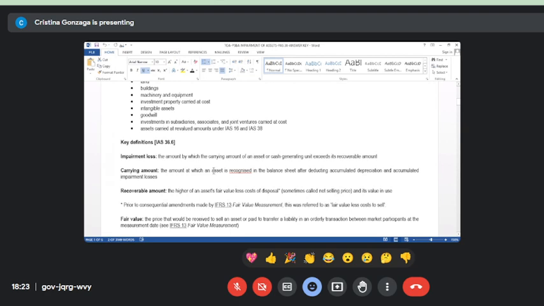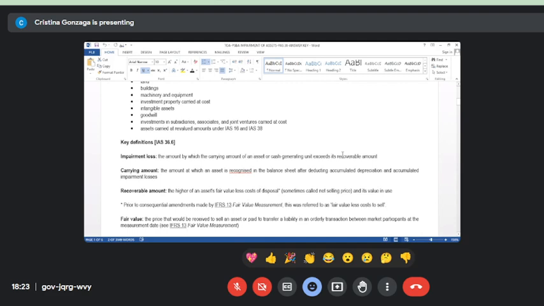Meaning to say, impairment loss is the amount by which the carrying amount of an asset or cash generating unit exceeds its recoverable amount. Mas malaki pa yung carrying amount or the book value of the asset kesa dun sa kanyang recoverable amount.